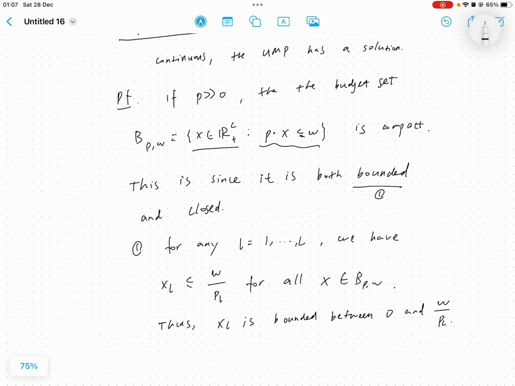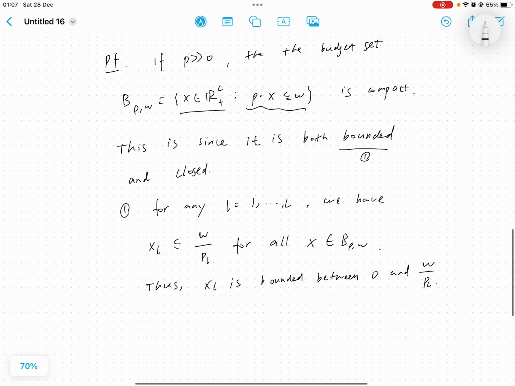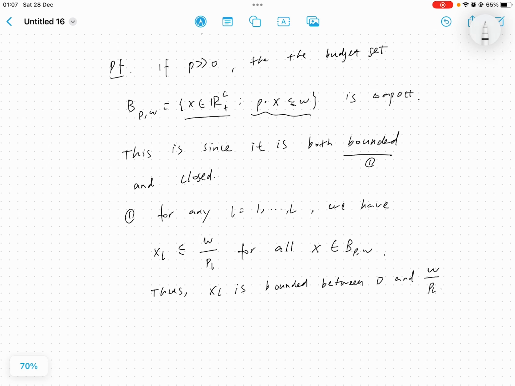Okay. So why is it important to have this set B to be a compact set? It is because if we have some set B to be compact, then there will be a theorem or a proposition mentioned in the appendix of the textbook saying that a continuous function, which is the utility function, always has a maximum value on any compact set, okay.